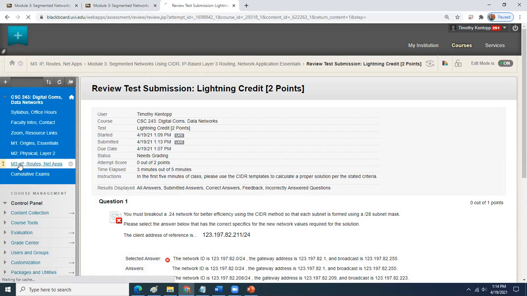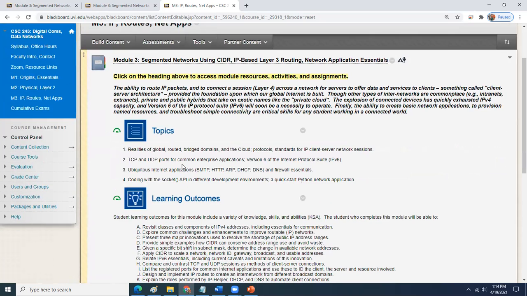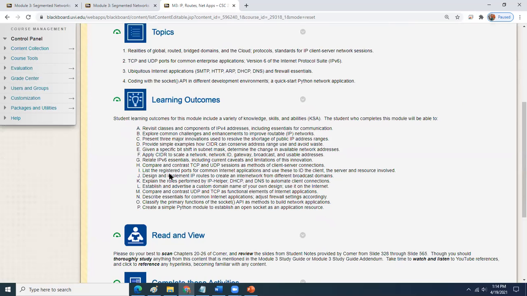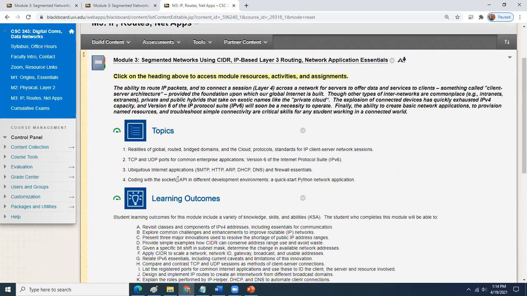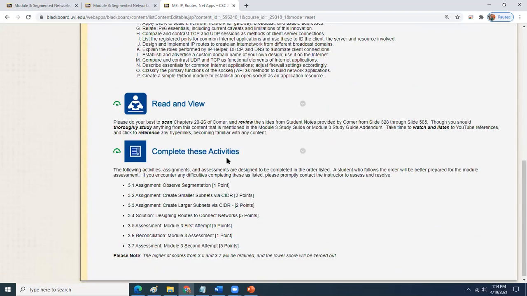I want to call out that for our last module, you have a few more objectives than we normally do. The assessment of this module will run 10 points total, and there will be 2 solutions instead of 1.